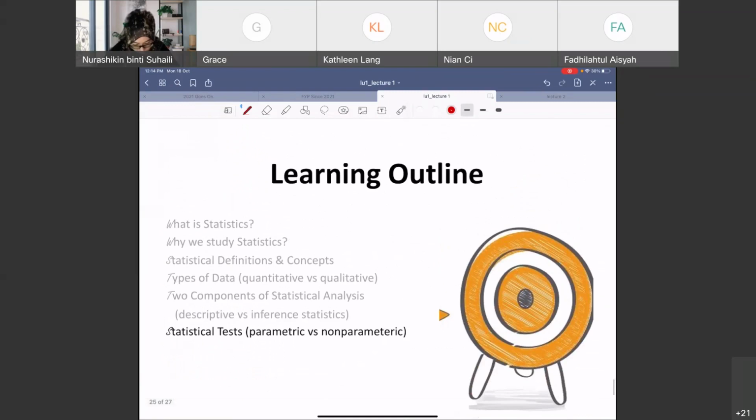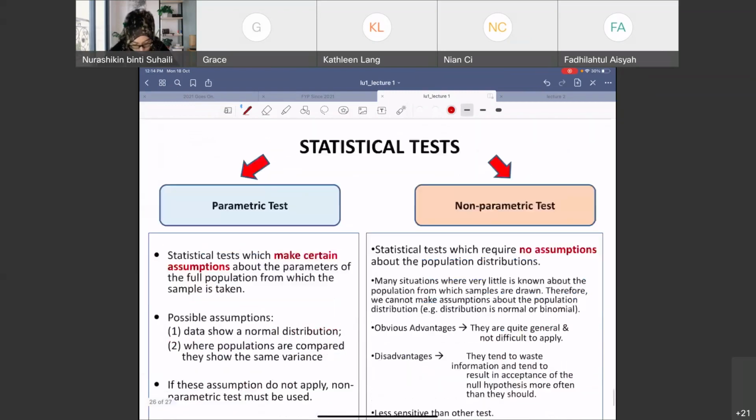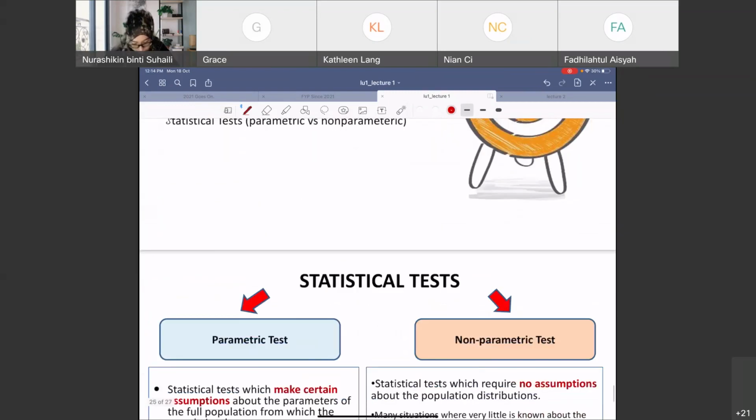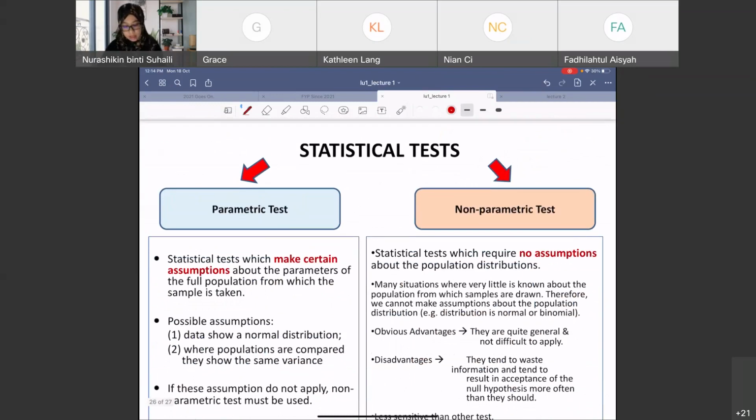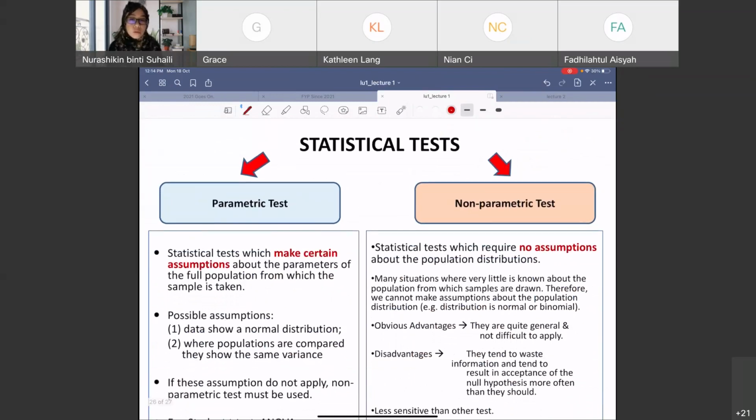And the last one is parametric and non-parametric tests. The tests in statistics can be divided into two broad categories: parametric and non-parametric tests. In Statistics 1, I mean the course Statistics for Biology 1, we will cover parametric tests.